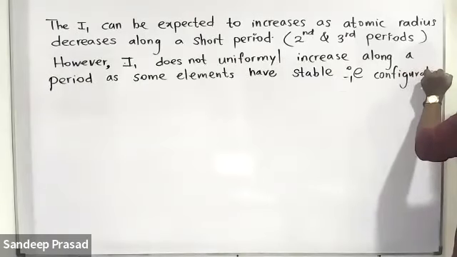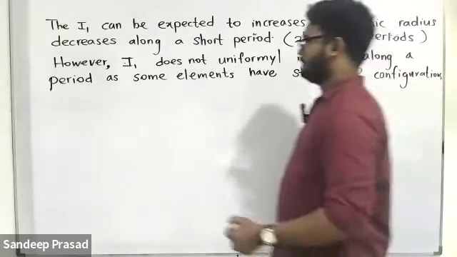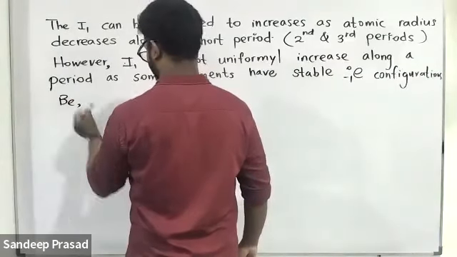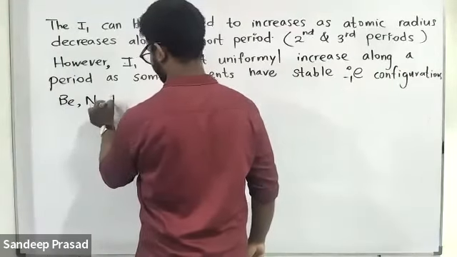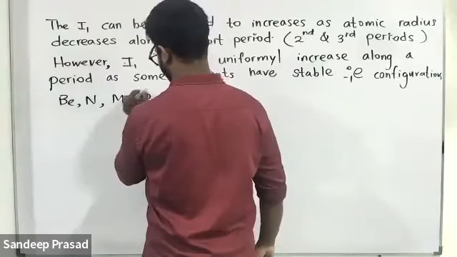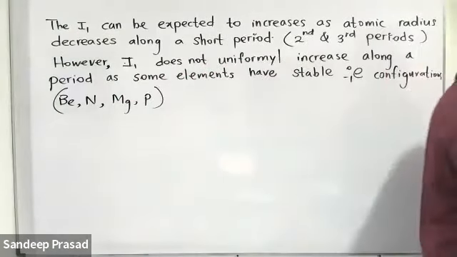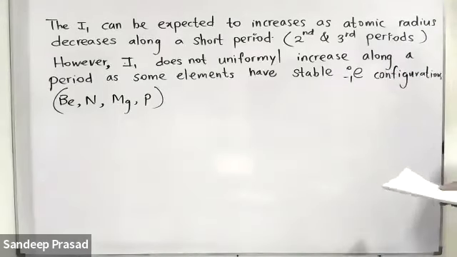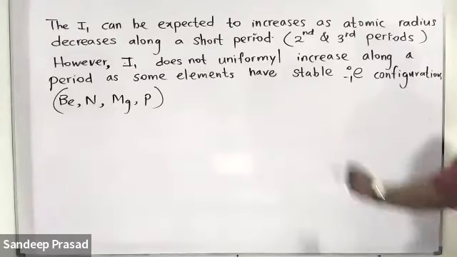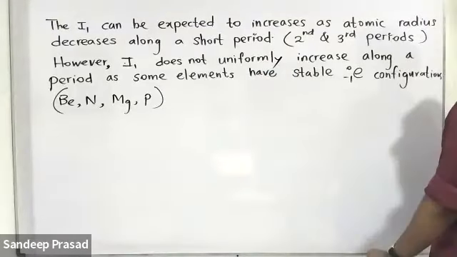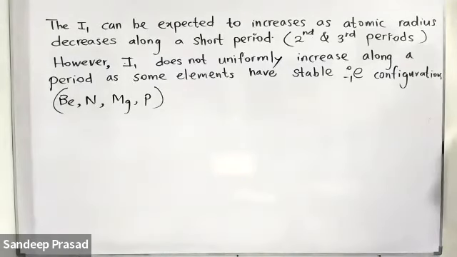What are those elements? Those elements are beryllium, write down in bracket, beryllium, nitrogen, magnesium, and phosphorus in the second and third period. However, first ionization energy does not uniformly increase along a period as some elements have stable electron configuration. Beryllium, nitrogen, magnesium, and phosphorus.